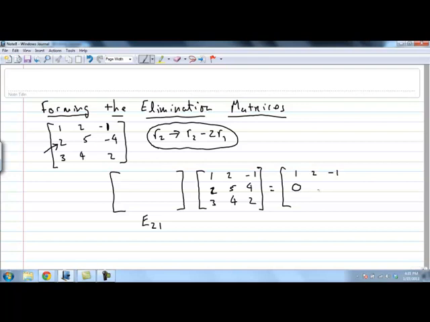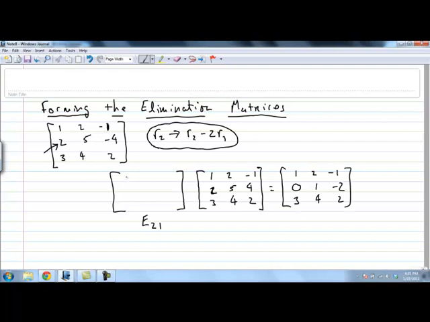And it changed to the following. Since this is E21 and we're only eliminating the 2-1 position, the third row is also not going to change. And now we have to figure out, what do we put in this E21 matrix to make this multiplication correct?